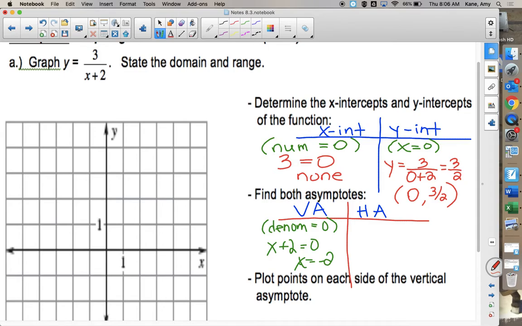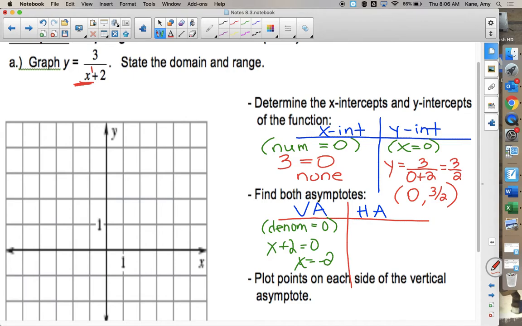So what's happening with the degrees in this problem for the horizontal asymptote? Nick? Right? There's an x in the bottom with a power of 1. There isn't an x on the top. So if there's not an x on the top, it's not there.